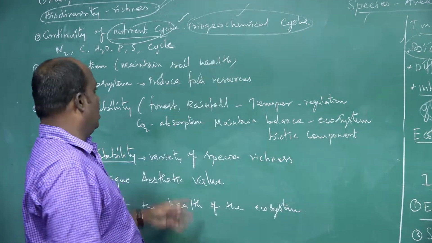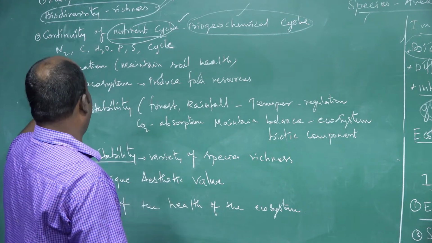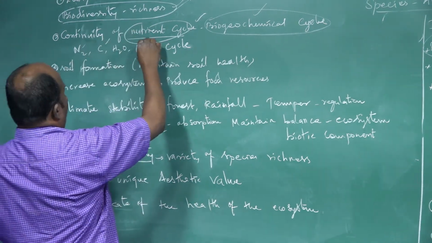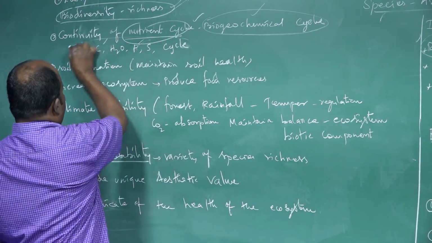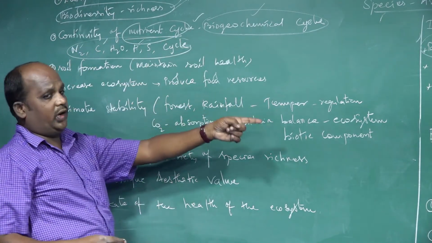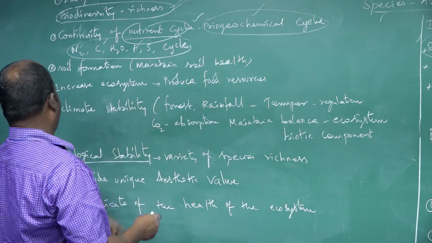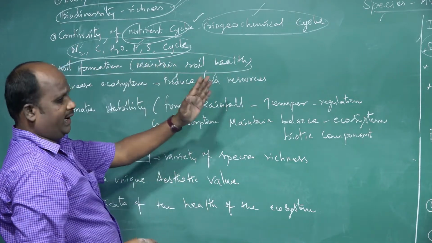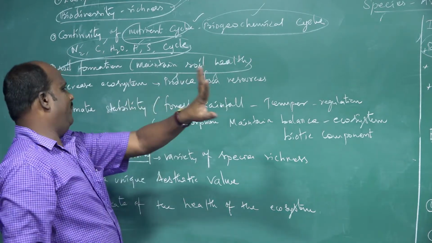That is the meaning. Next, nitrogen, carbon, water, phosphorus and sulfur should maintain cyclical events. Next one is soil formation. Through biological richness we should maintain soil formation, I mean pedogenesis, and soil health condition should be perfectly maintained.